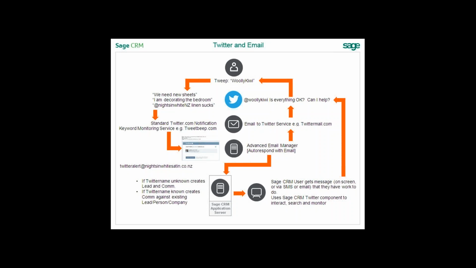Now, those sorts of notifications, if we think about Twitter notifications, they usually come as an email. Well, certainly you can register them to have them as an email. And there are other services like TweetBeat, which can monitor and look for the usage of certain hashtags or keywords inside the general fire hose of Twitter.